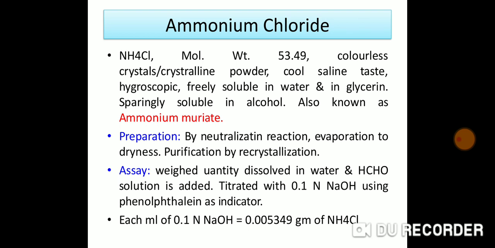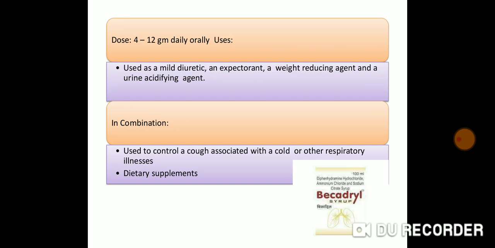Each ml of 0.1 normal NaOH solution is equivalent to 0.005349 gram of ammonium chloride. Dose of ammonium chloride is 4 to 12 gram daily orally.